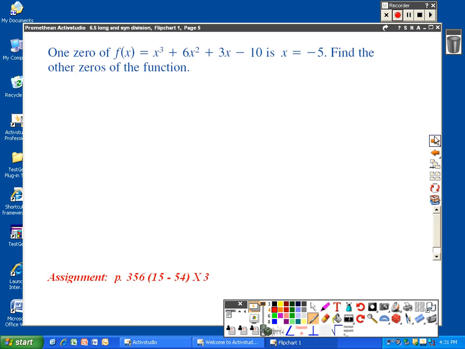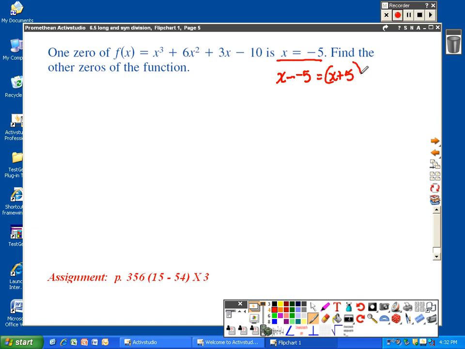This question says, one of my zeros is negative 5. Find the other zeros. That means once I've found all the factors, I can set each of them equal to 0. So again, if one of my zeros was negative 5, that came from the factor x minus a negative 5, which is x plus 5.